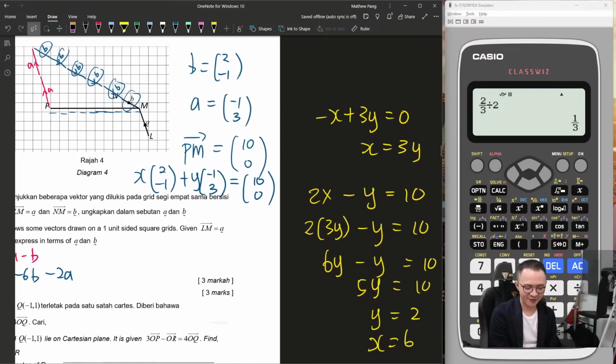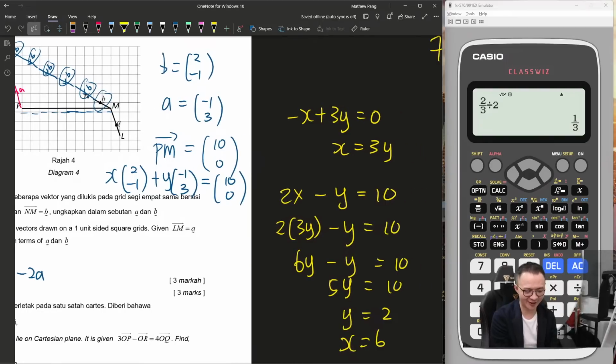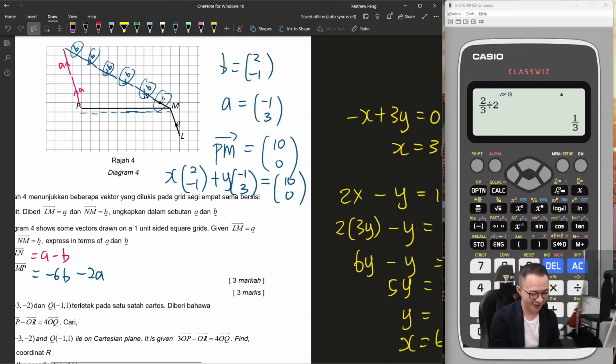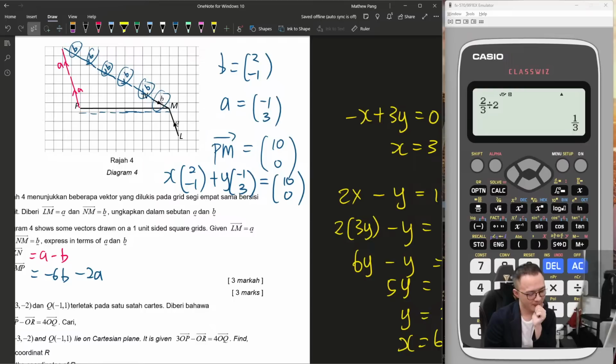Even though I got a 6 and 2 here, how come I didn't get negative 1? P to M is positive 10, right? Negative 1, 3. This one b is 2, 1.